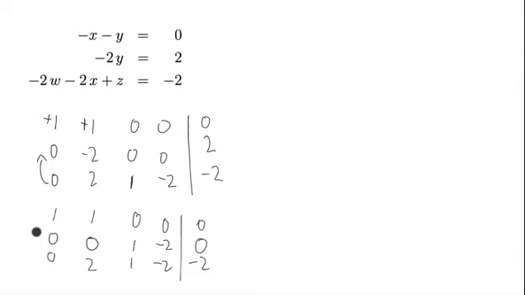So we could swap these. If we swapped them, we'd have 1, 1, 0, 0, 0, then 0, 2, 1, -2, -2, and 0, 0, 1, -2, 0.